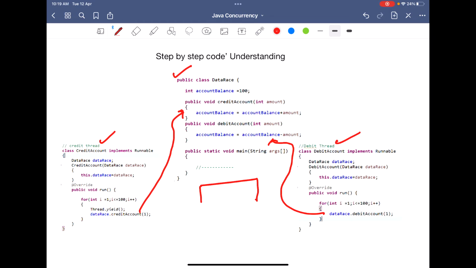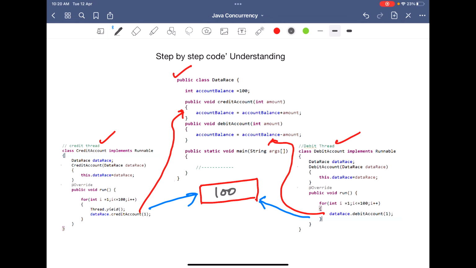Say this is the memory location for account balance. Hence the credit account thread uses this memory address and the debit account thread also uses the same memory address, and initially it contains the value 100.